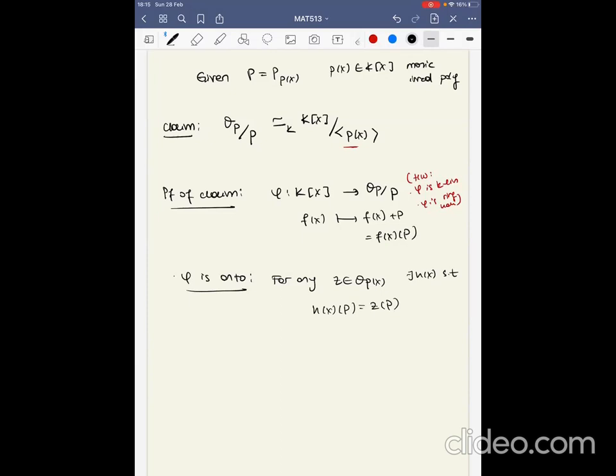So for any element here, we can find a polynomial whose evaluation at P is equal to z(P). Since we consider z from O_P, let me write it as a fraction of two polynomials u and v, where v of x is not divisible by p of x. Since p of x is irreducible, that means they are relatively prime. Their greatest common divisor is 1.